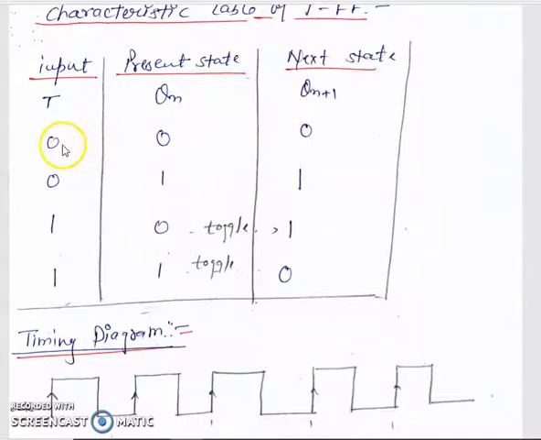So for T equal to 0, the output equals Q, that is 0 or 1. And T equal to 1 means J and K equal to 1, the output is toggled. For Q equal to 0, the output equals 1, and for Qn equal to 1, it toggles, so Q bar should be 0.